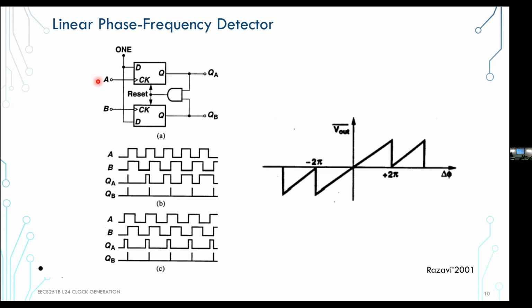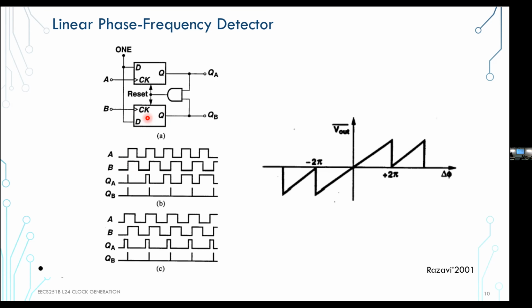The staple phase frequency detector is this 2 flip-flop with a reset block. Both flip-flops are tied to a 1 or VDD. And then you have inputs A and B. These are your reference clock and feedback, for example, right?